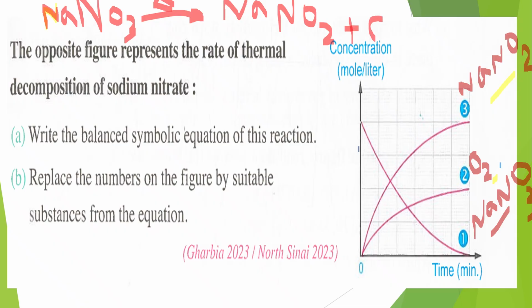And for this equation to be balanced, 2 molecules of sodium nitrate will be decomposed into 2 molecules of sodium nitrite. Where are the products? I have 2 products, sodium nitrite and oxygen. Which one of them is greater? For sure, sodium nitrite is double the oxygen, so number 3 will be the first product, I mean sodium nitrite. Number 2 will be oxygen gas.